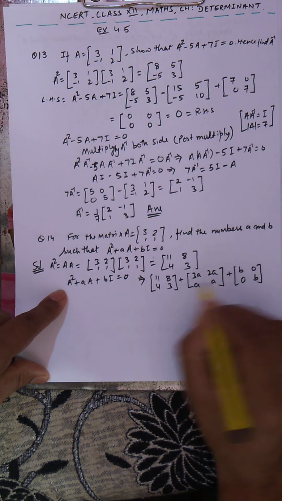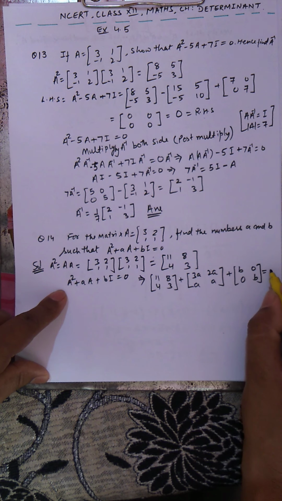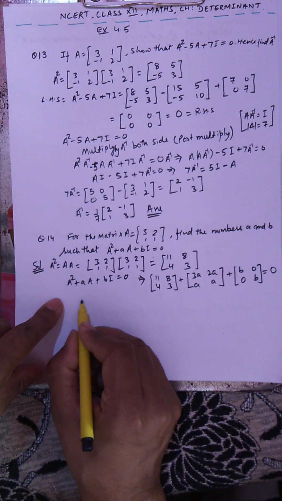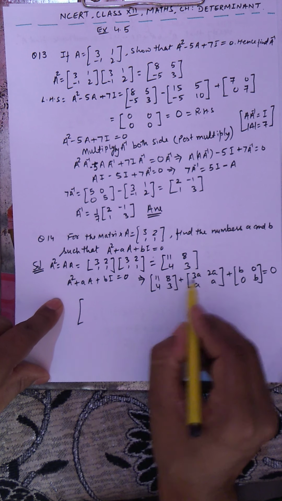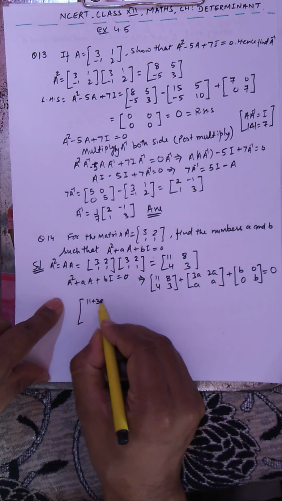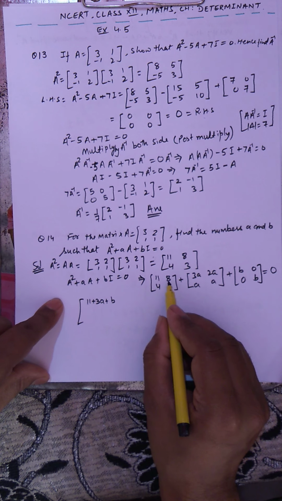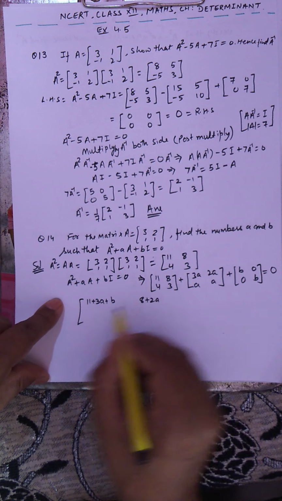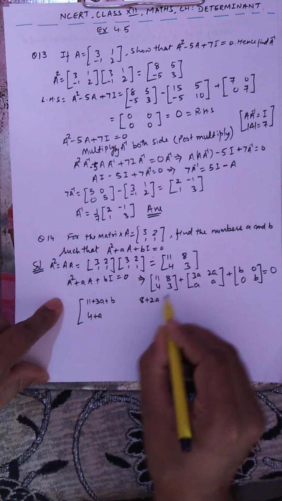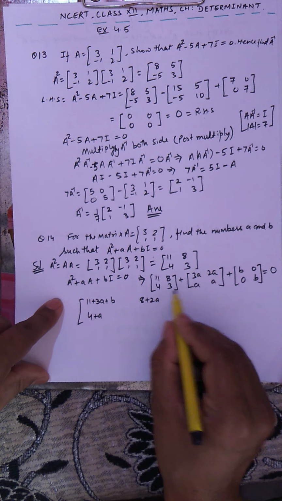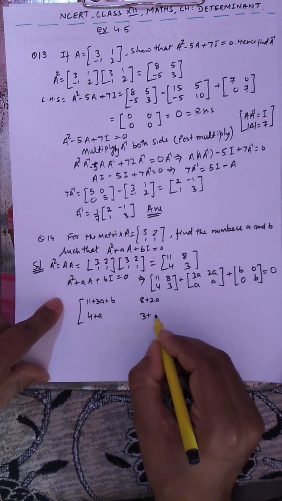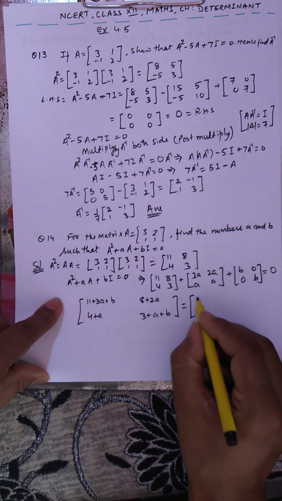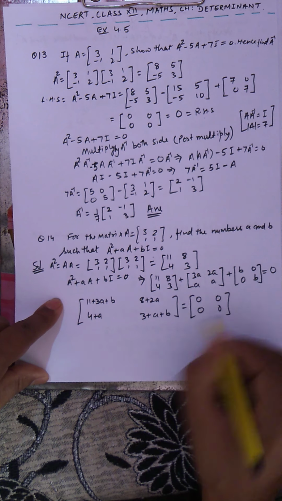I'm multiplying the identity matrix by b directly here, which is now the 0 matrix. So now solve the left hand side. This becomes 11 plus 3a plus b, and this becomes 8 plus 2a, this is 0. This becomes 4 plus a, this is 0. This becomes 3 plus a plus b, this equal to the 0 matrix. So the 0 matrix is 0 0 0 0, we will write.